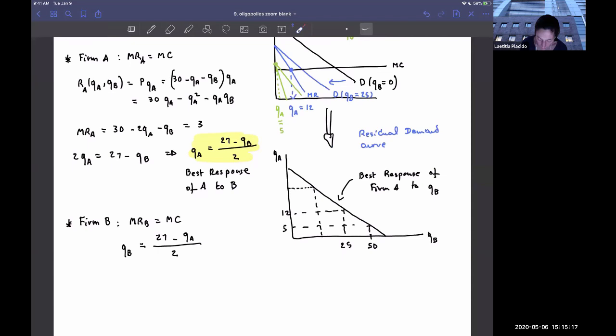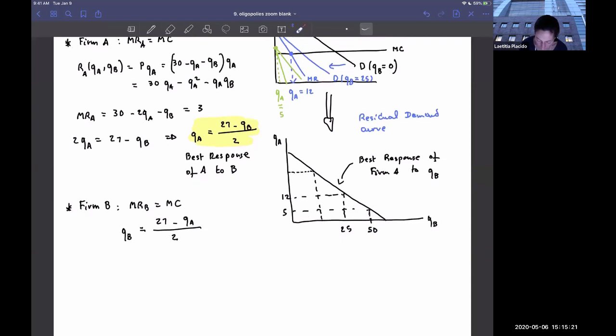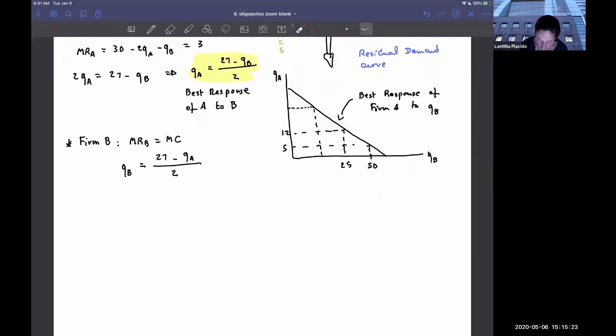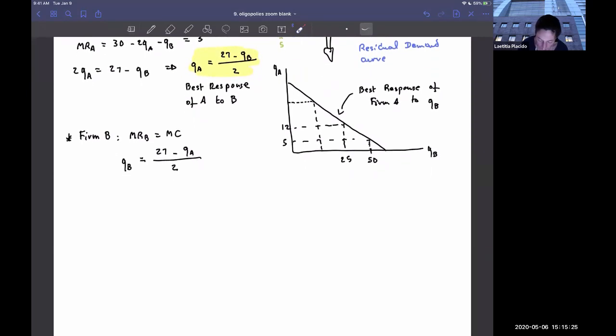So I'm going to draw the best response right now to see what our equilibrium will be. I'm going to put QA, QB.